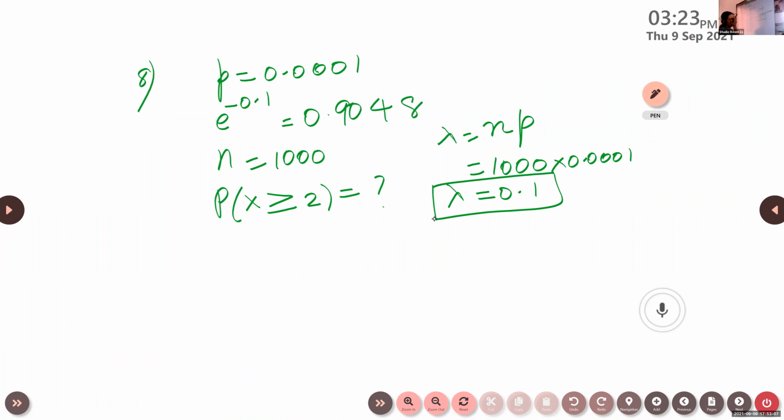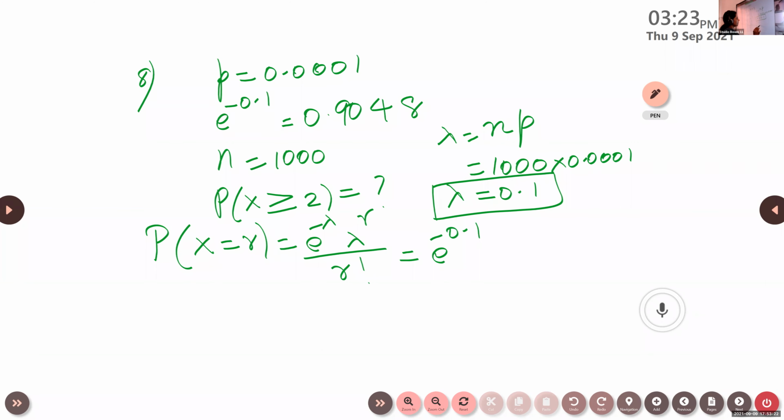Now write the Poisson formula: P of x equal to r is e raised to minus lambda, lambda raised to r by r factorial. Here it is e raised to minus 0.1, 0.1 raised to r by r factorial.